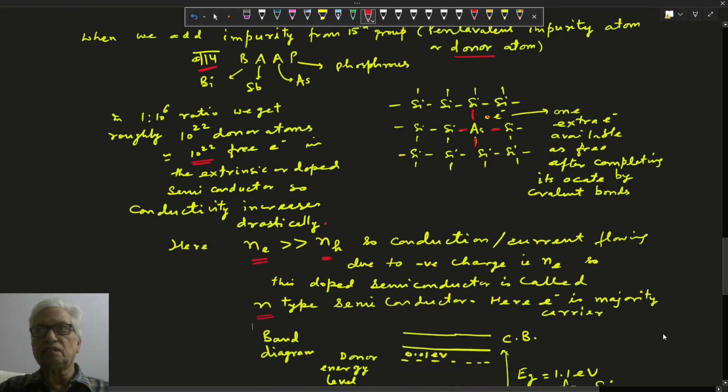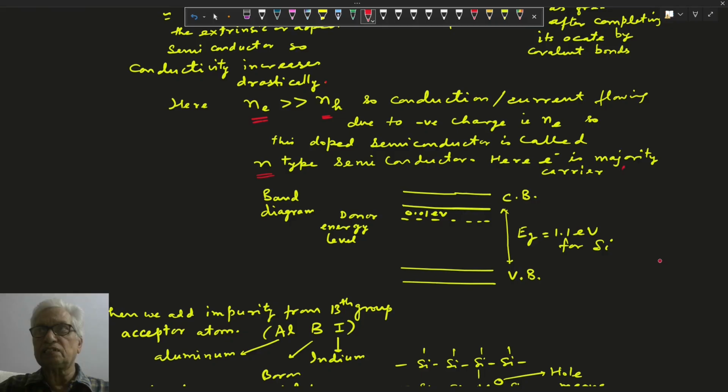An electron is called a majority carrier here. Now the band diagram of N-type semiconductor. The gap between the valence band and the conduction band is 1.1 electron volt for silicon, 0.72 for germanium. And the donor energy level is set just below the conduction band at a gap of only 0.01 electron volt.